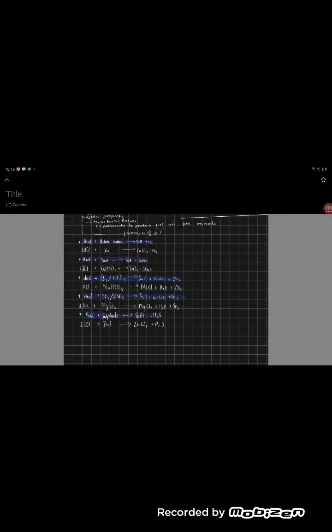I'm gonna just write those down here. AgNO3 plus HCl gives AgCl plus HNO3. AgCl is a precipitate, which is a white precipitate.